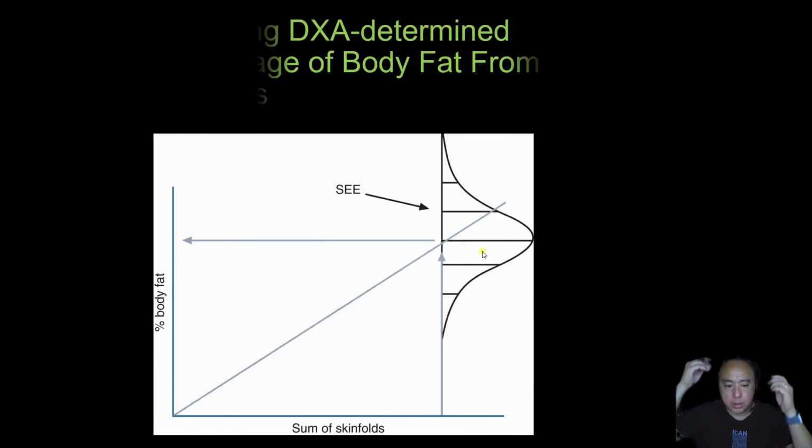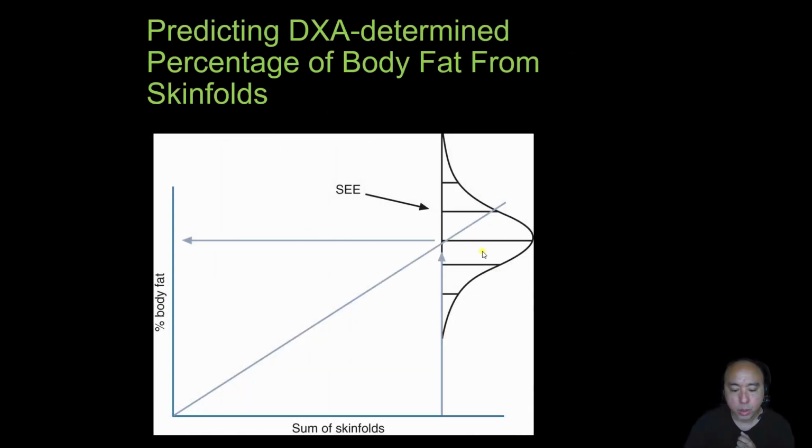So if I'm looking at another example where we're trying to predict someone's percentage of body fat off a sum of skin folds, we collect the data on subjects with their skin folds as well as their true percentage of body fat using DEXA. This is somewhat abstract because I don't have an actual regression equation.